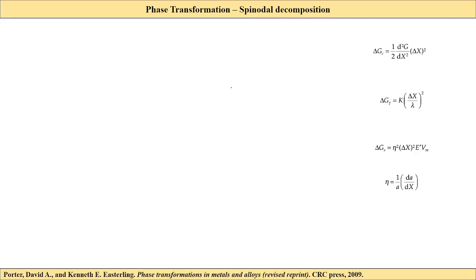Now if I try to write it, the total change delta G will equal minus V, the volume of the new phase that has been formed, times delta G_V, the volumetric free energy, minus delta G_S, the change in free energy with respect to the strain energy, which is a positive term.